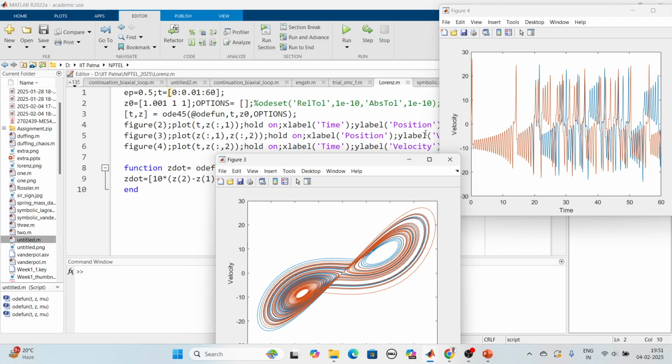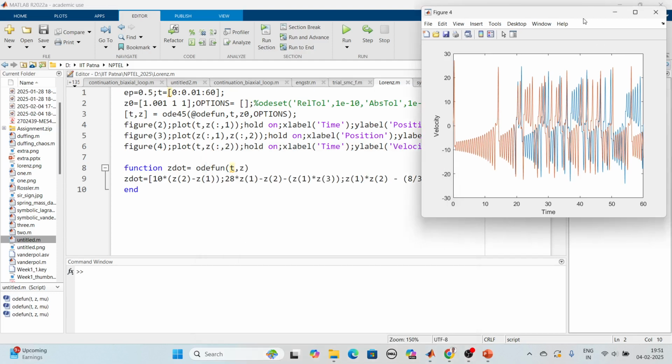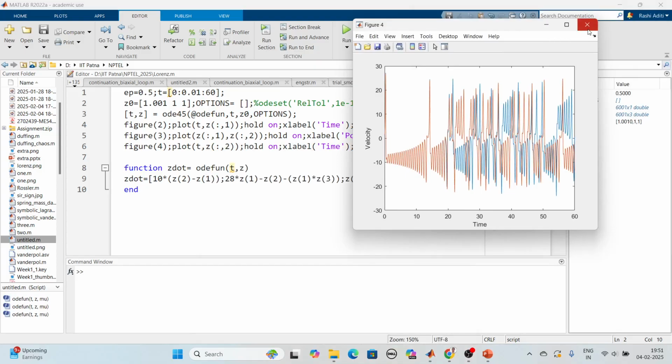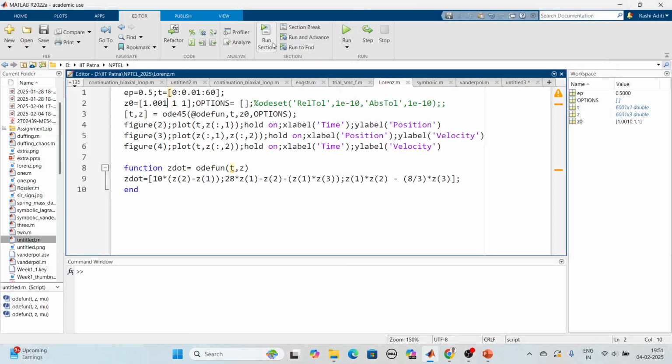Now what will I do? I'll again try to simulate the system. Now I'm going to consider a smaller variation of the change of the initial condition. First I'll simulate for 1, 1, 1.